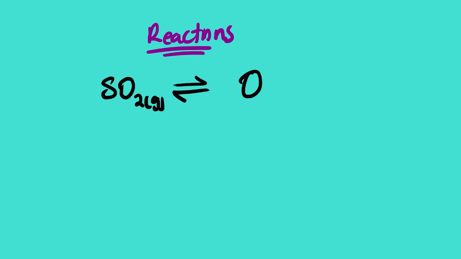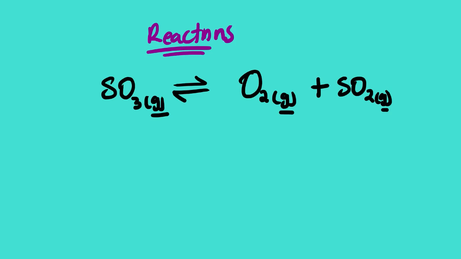We say that type of chemical reaction is homogeneous. It involves SO3 here. You can see that all the substances are in the same phase, which is the gas phase.